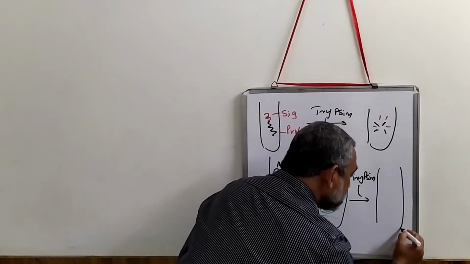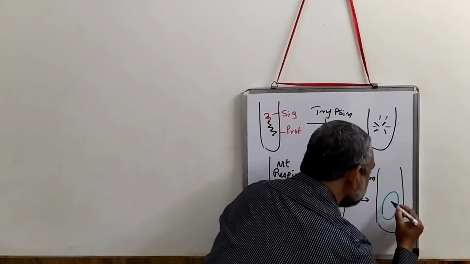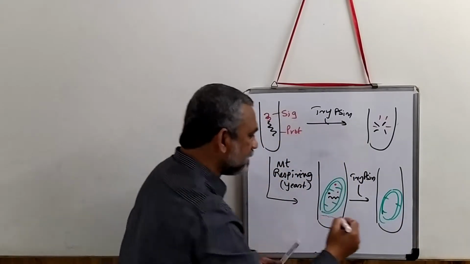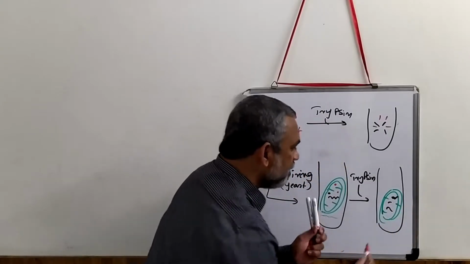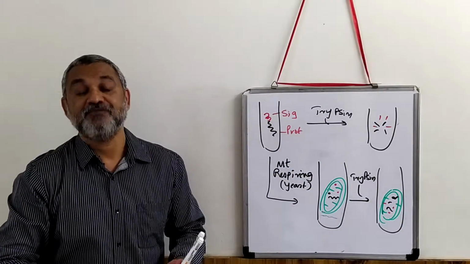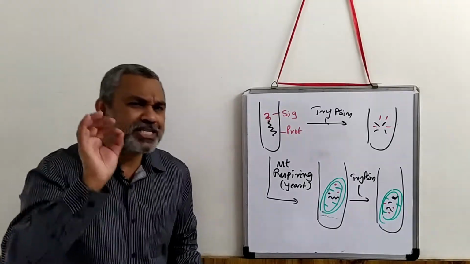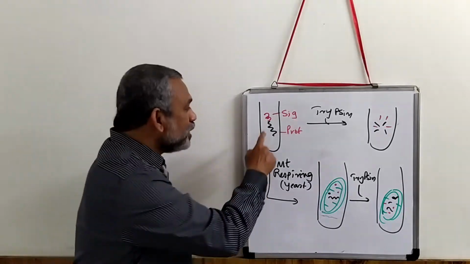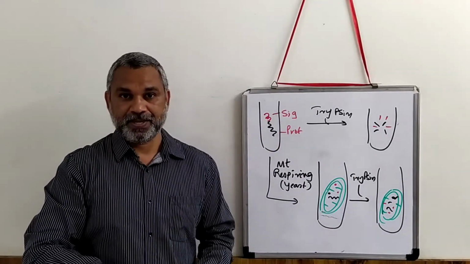So, the experiment will prove that you have the mitochondria which is intact, and you have the protein inside and nothing happened. Trypsin had no effect. When you carry out a PAGE, you will get no band at all. So this was a very simple experiment carried out in order to prove the importance of the signal.